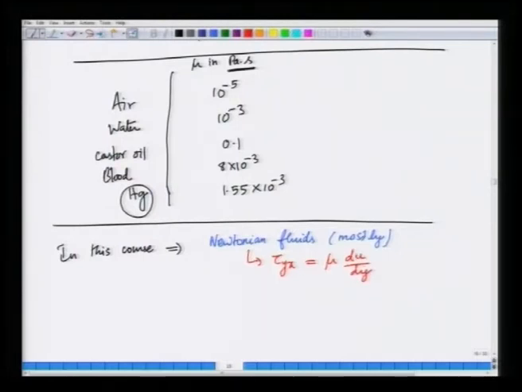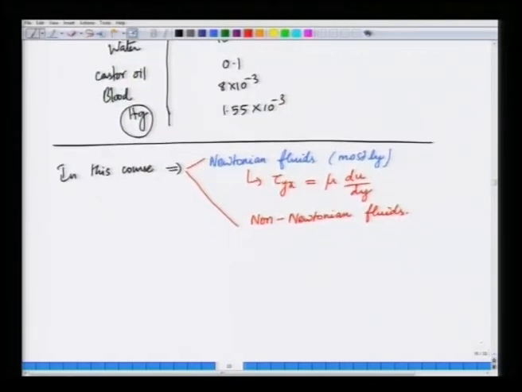But at the end of the course, we will have opportunities to talk about fluids which do not obey this behavior. They are called non-Newtonian fluids. For the initial part we will certainly restrict ourselves to Newtonian fluids.